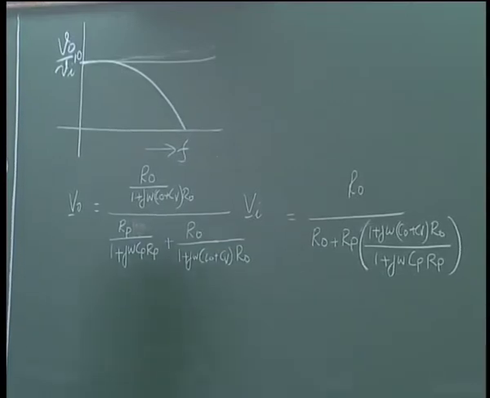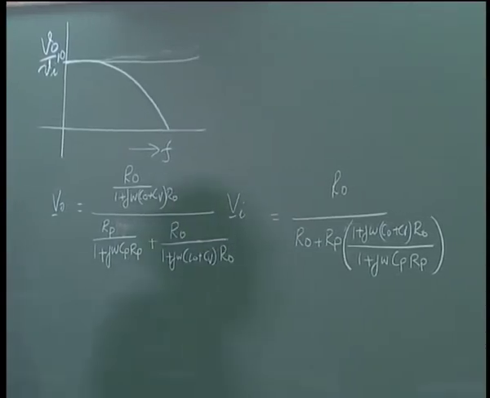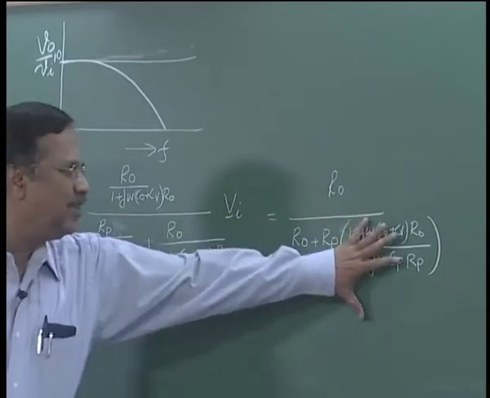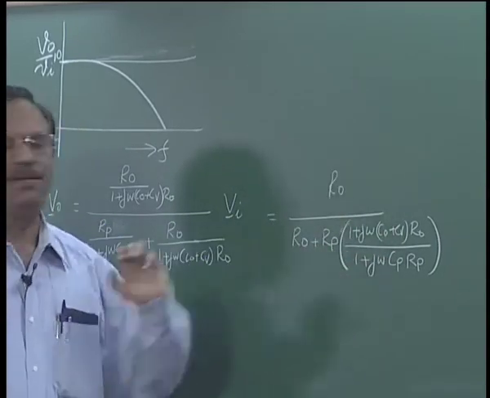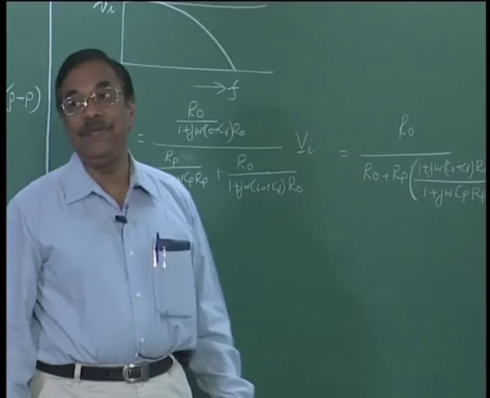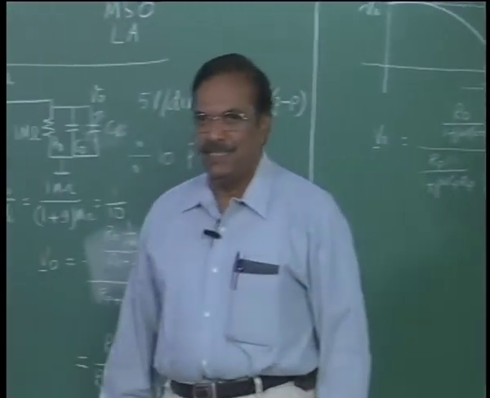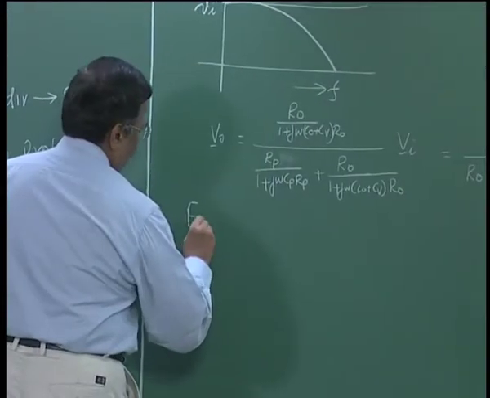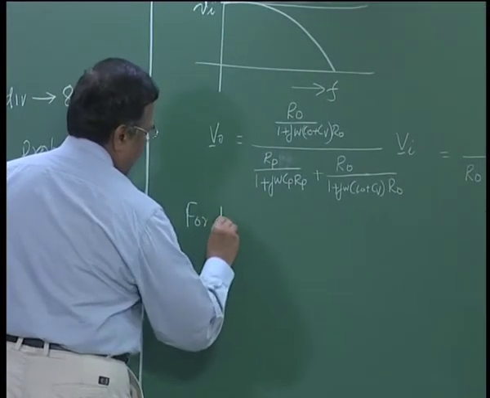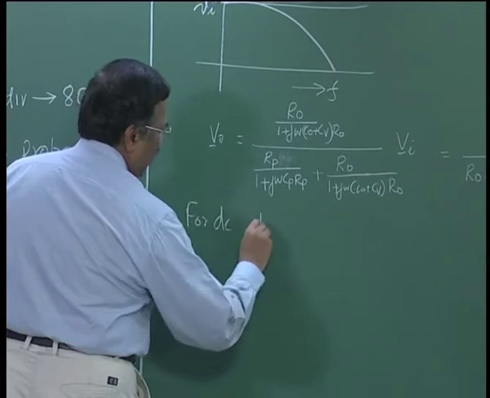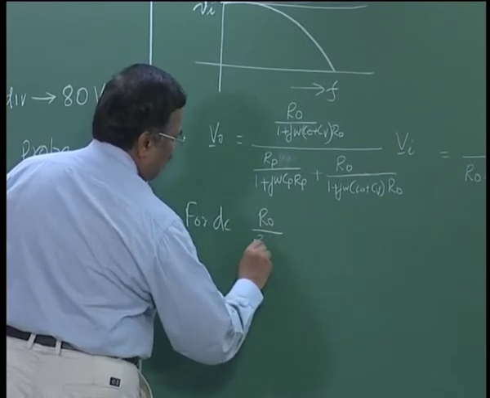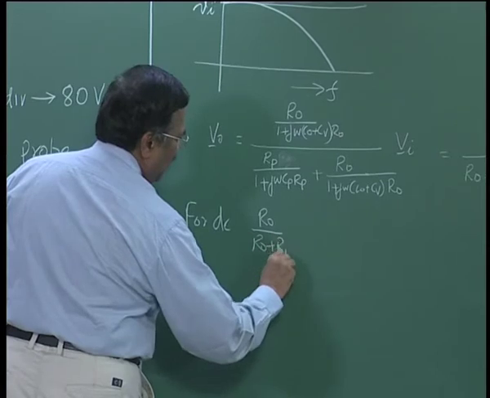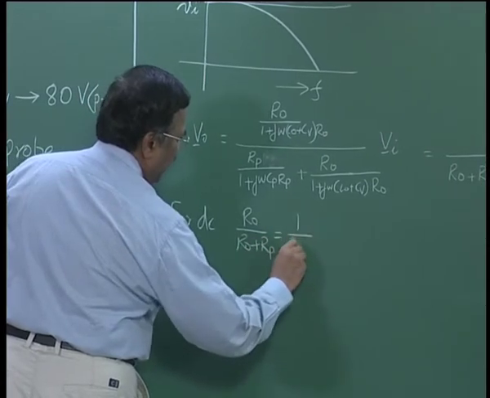Now, when I put omega equal to 0, which means DC, this term vanishes, I get R naught by R naught plus Rp, and that must be 1/10, right. So, for DC, R naught by R naught plus Rp must be equal to 1 by 10.